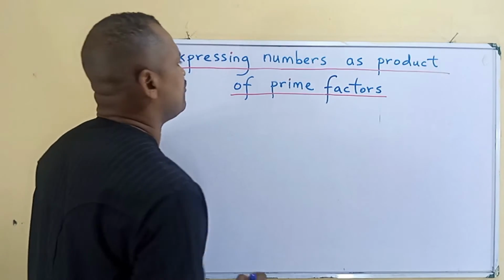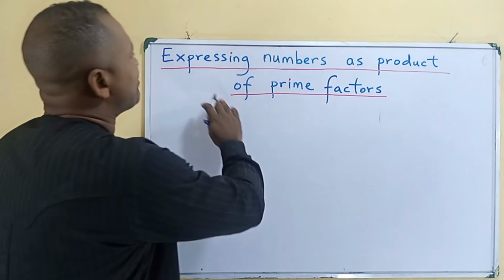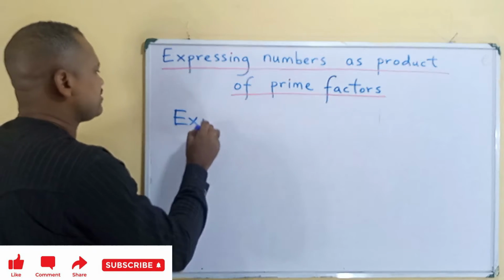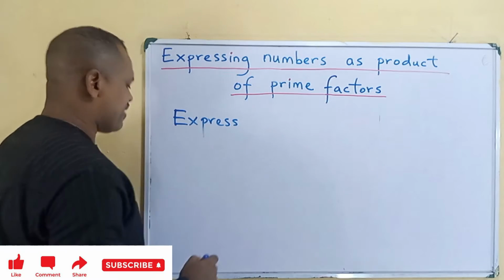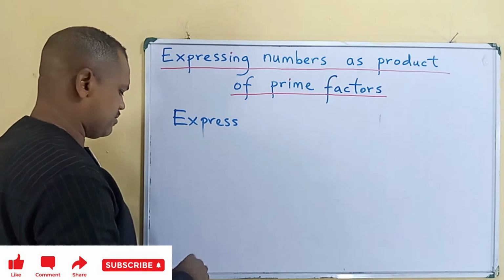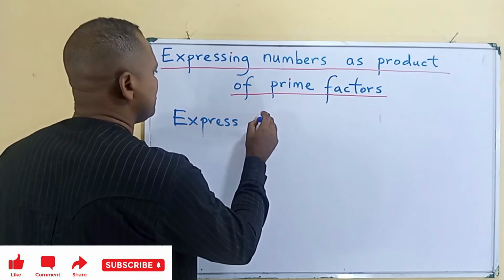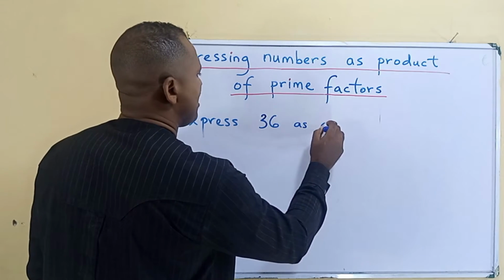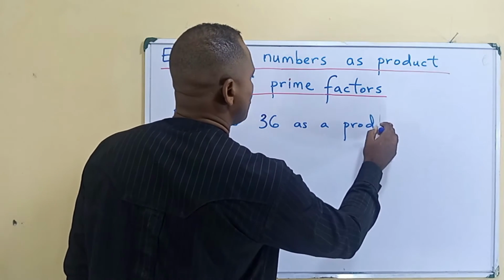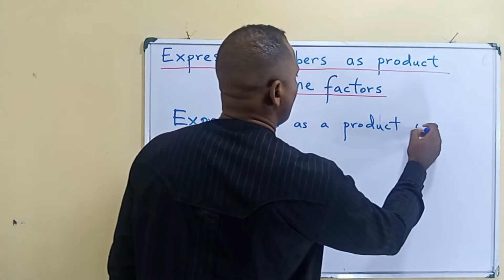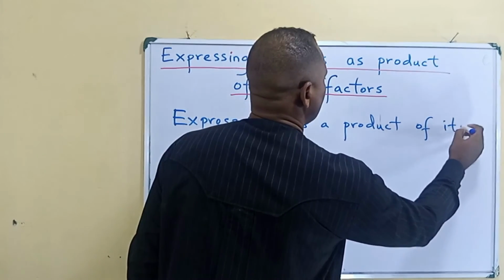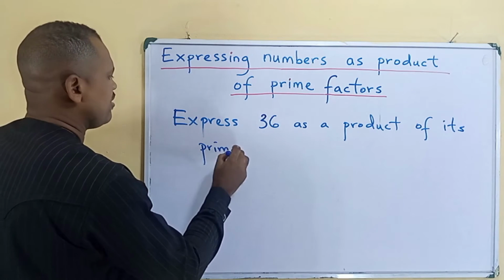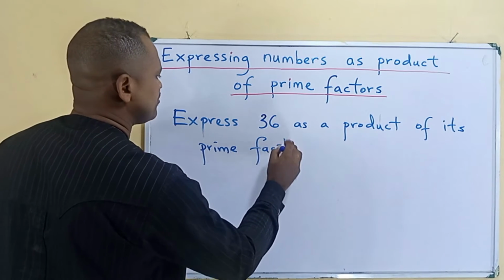So let's say you are asked to express 36 as a product of its prime factors.